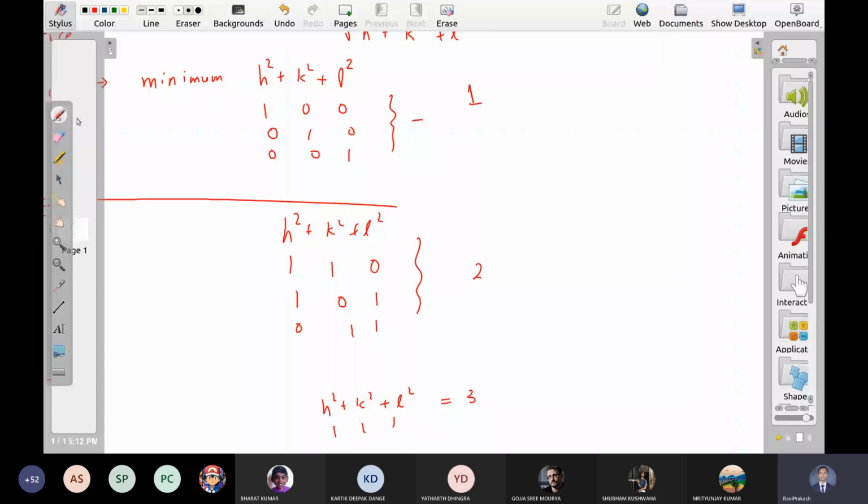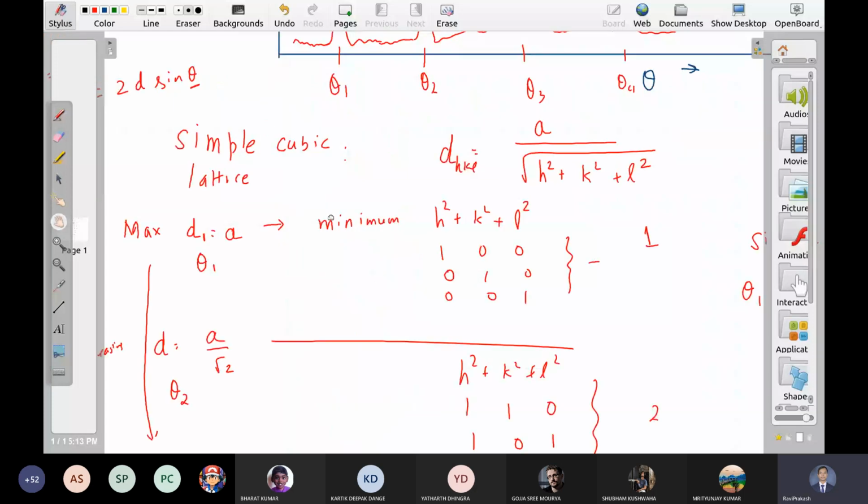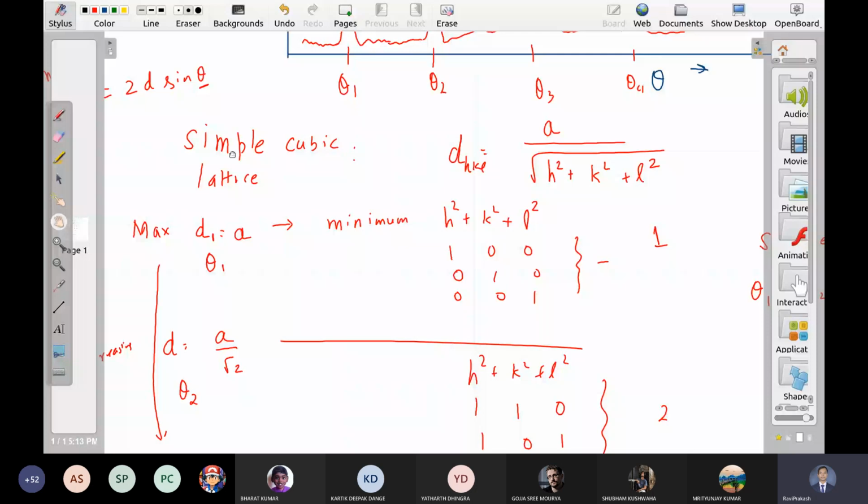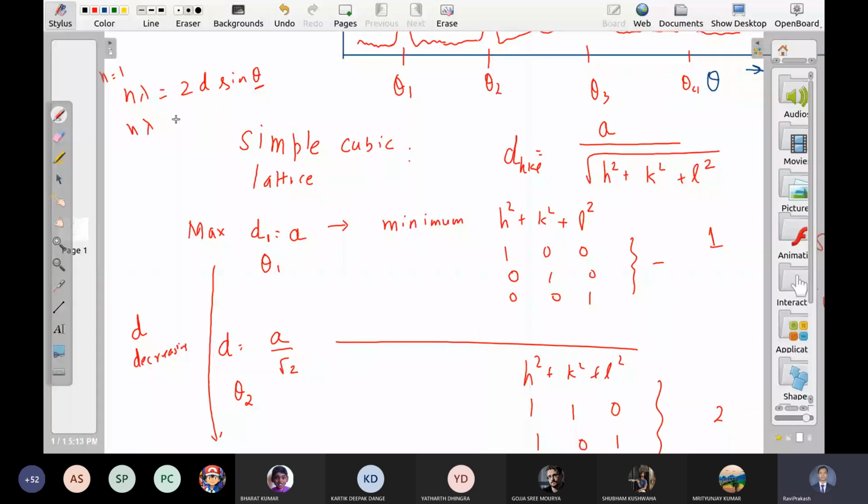For a simple cubic lattice, I know that I should get peaks at these angles. Obviously it depends on A. इसमें A अभी भी रहेगा, right? Like n lambda here, 2 d is equal to some constant times A. किसी constant के साथ A multiplied है. 1 into A, 1 by root 2 times A. So yes, it depends on A. It depends on lambda. So lambda is known. Lambda वैसे पता है.